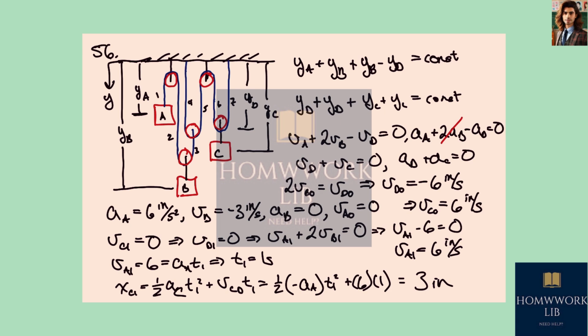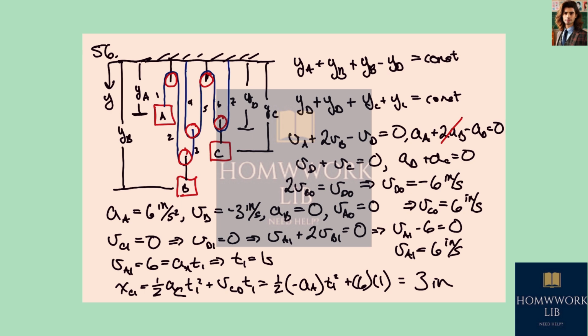And then we need the initial velocity of this pulley here. So we can get that from the initial velocity here. We know that VD of 0 is minus 6 inches per second, from the velocity constraint at t equals 0 for the first cable.